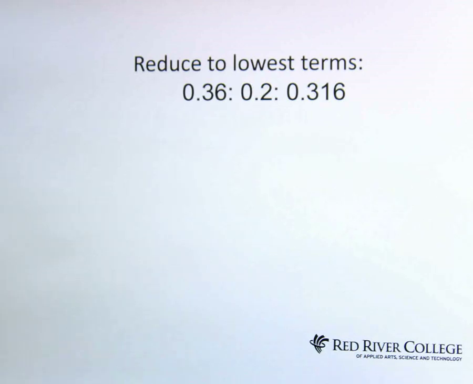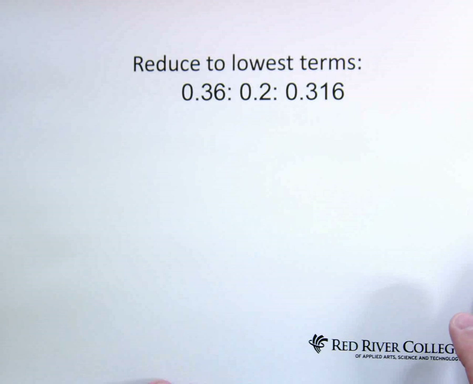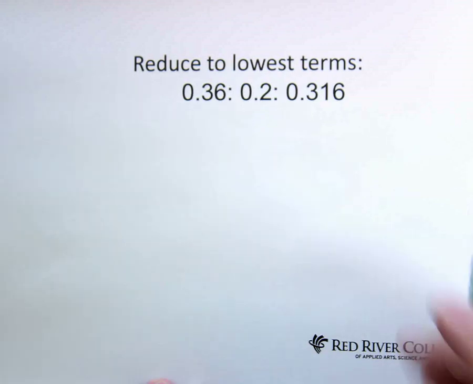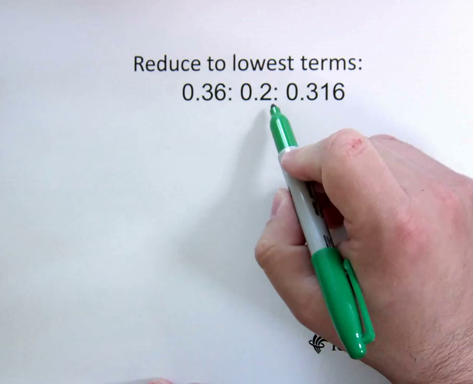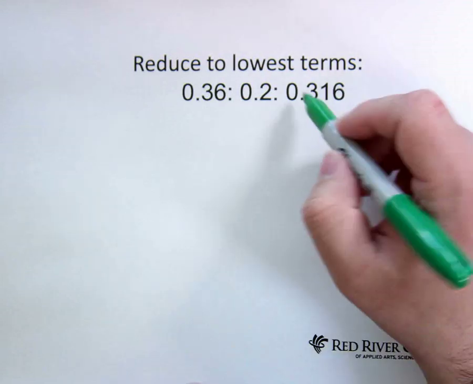All right. Now, we have a decimal number. When we have decimal numbers, what you want to do is look for the one that has the longest decimal. So the first one's a 2 decimal, the second one's a 1 decimal, and the final one's a 3 decimal.